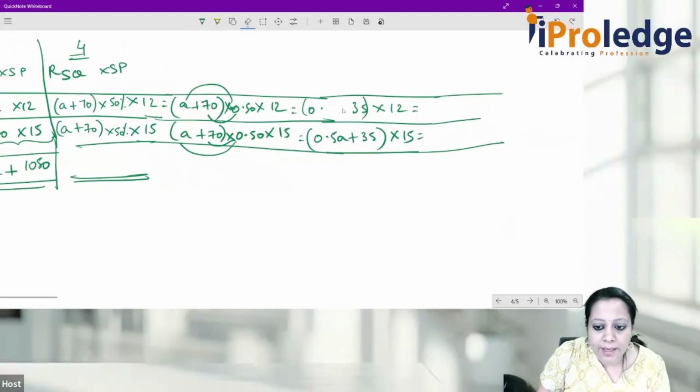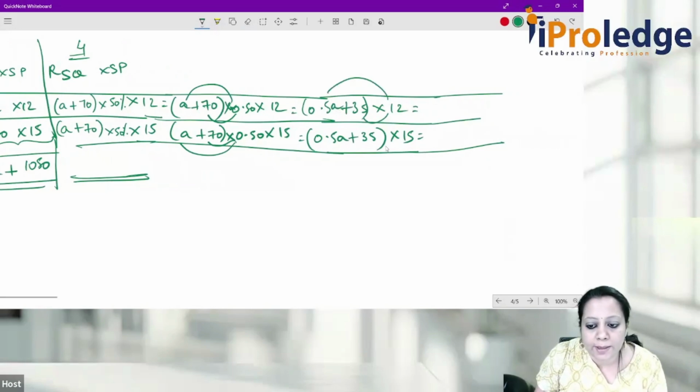Is it visible? I wrote A below 0.5a. Yes. Now again board mass.